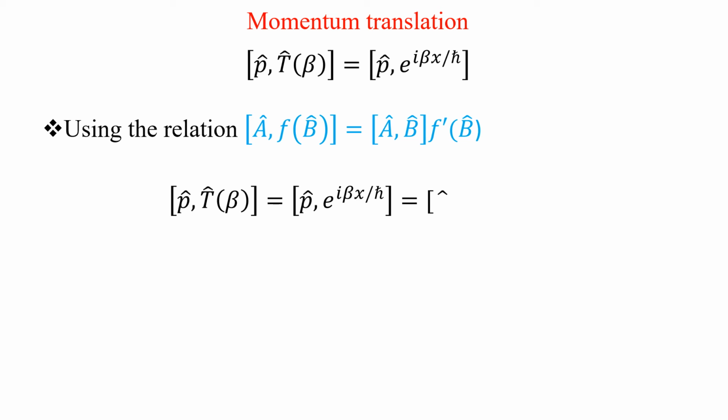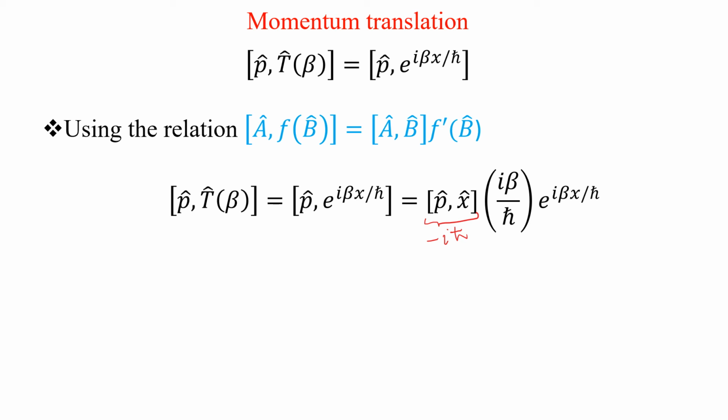Here the function is this exponential term, and P is equal to x. So the commutation of p with x, I am using the same procedure applied for position translation. So this is equal to the commutation of p with x and the derivative of this exponential term, which is i beta over h cross, then that exponential term.